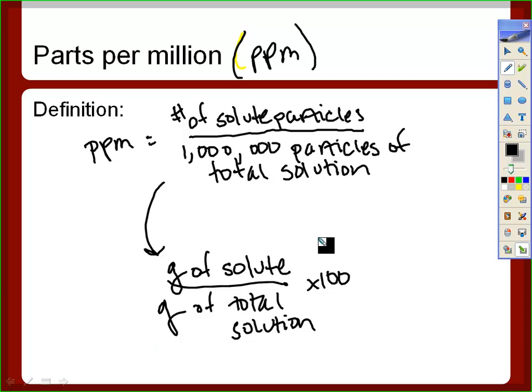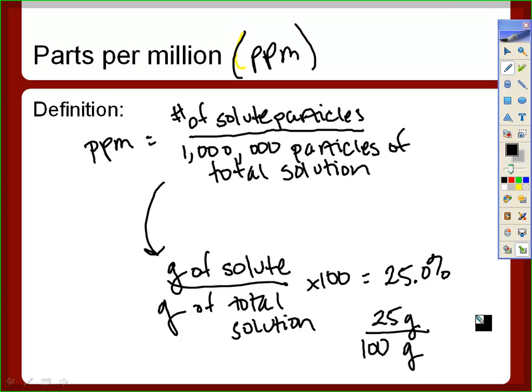If we get a percent, and let's say this comes out to be 25% by mass, that means that for every 25 solute particles, or 25 as the mass of solute, you would have 100 as the mass of your total solution, or 100 particles of your total solution.